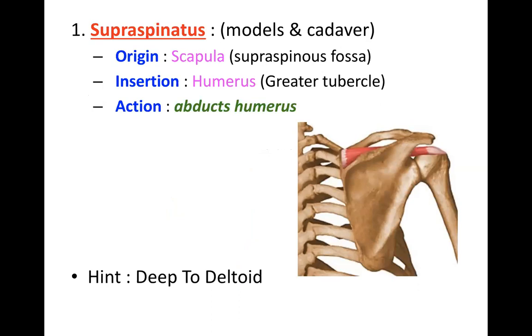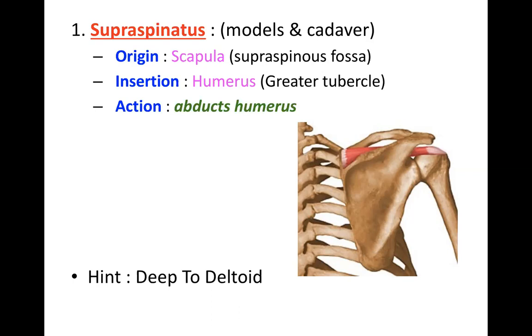So remember, you have to learn scapula and humerus. If you were to follow the origin from its more medial location to the insertion, which is lateral, you're going to see that the fascicles are all oriented in a very straight plane. And when the insertion is pulled toward the origin, it results in shoulder abduction. Okay? All right, so that's supraspinatus.